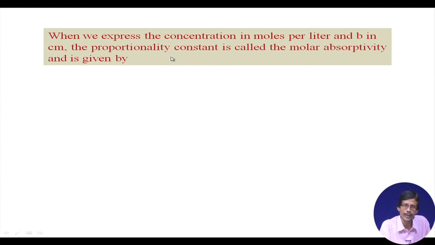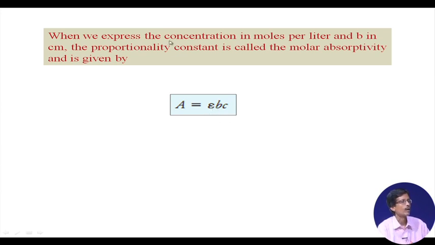Earlier we just took it as A, but as standard practice we define it as the small case epsilon, which is known as the absorptivity. So, epsilon is the absorptivity, and when the concentration is expressed in moles per liter, we call this the molar absorptivity.